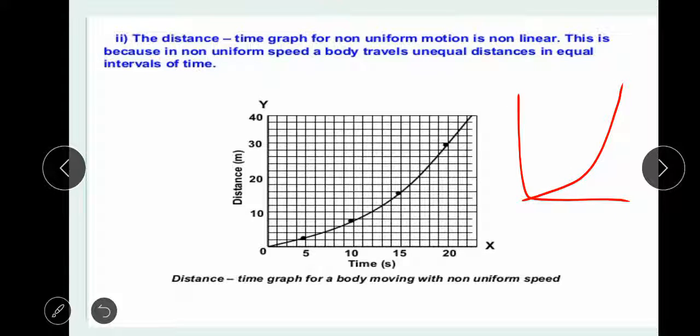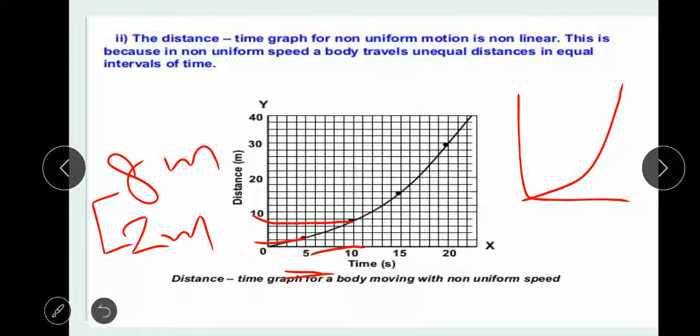In this graph you can see that in the first 5 seconds the body covers 2 meter, but in the next 5 seconds the body covers 8 meters, meaning in the next time interval it covers 6 meters, while in the first time interval it covers 2 meter. Hence it proves that it covers unequal distances in equal time intervals. That is, the graph is non-uniform.